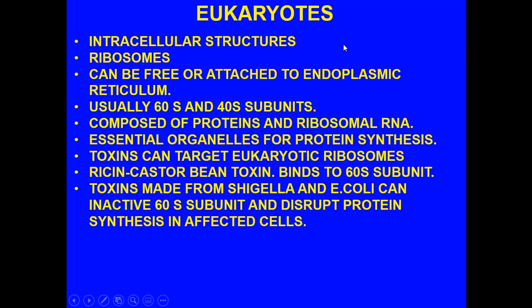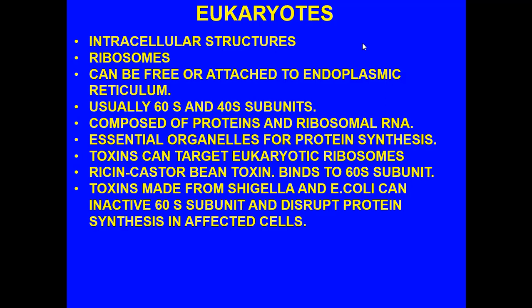Now, intracellular structures we're going to be focusing in on next. First off, the ribosomes. Now, ribosomes can be freely moving around in the cytoplasm or attached to the endoplasmic reticulum. That's where you get the type of endoplasmic reticulum we call rough endoplasmic reticulum. Now, the ribosomes in eukaryotes are usually two subunits, the larger 60S, the smaller 40S.